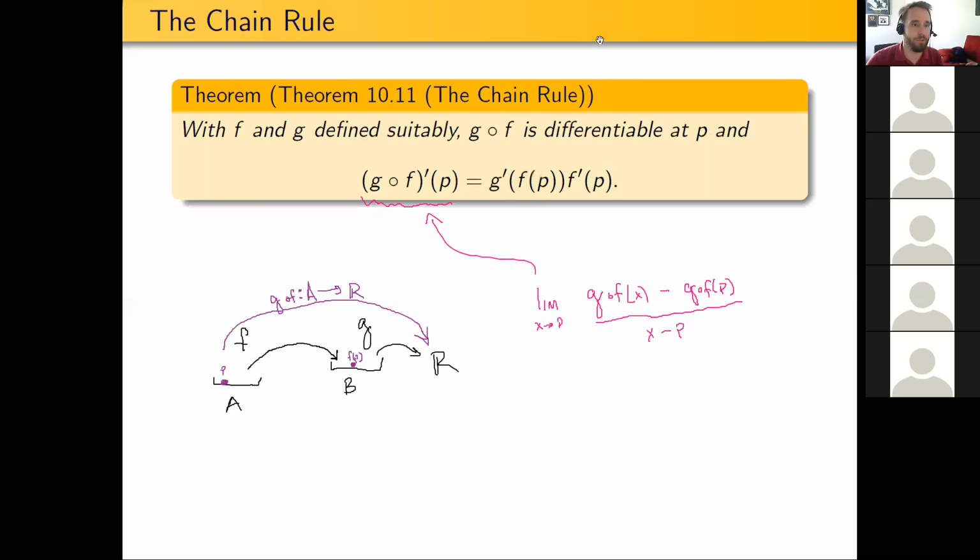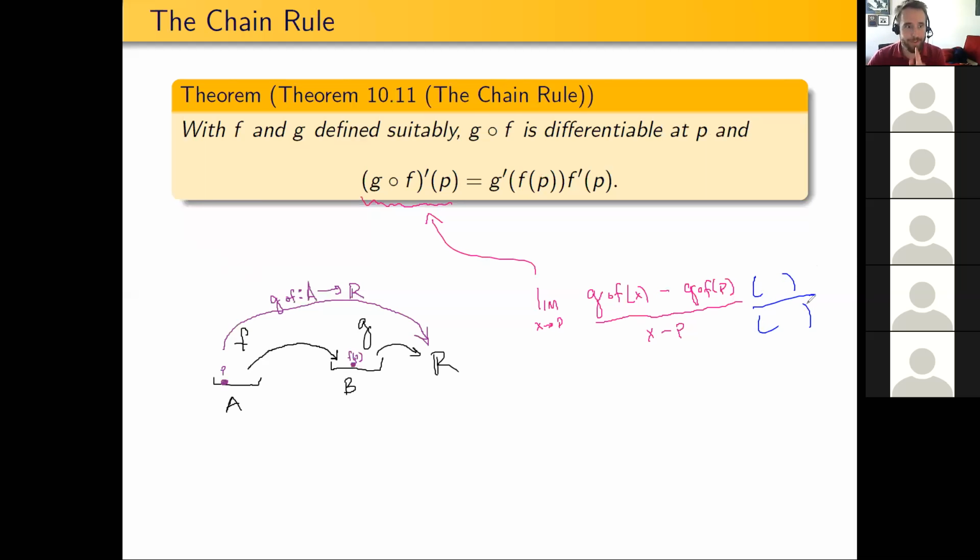We might be able to not add 0, but instead cleverly multiply by 1. If we can multiply the top and bottom of this by the same thing, it feels like we shouldn't be changing anything. So if I multiply by something here, and those are the same, then I'm not really changing the limit.